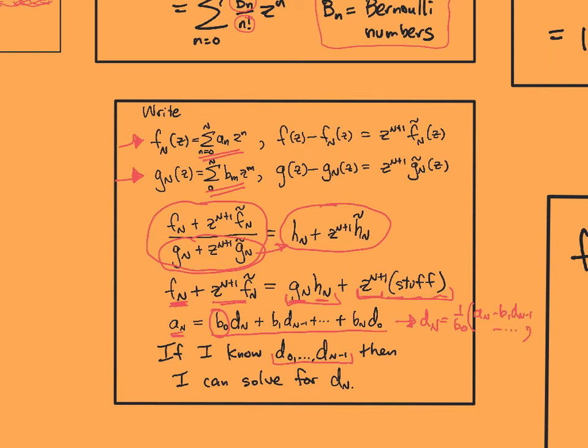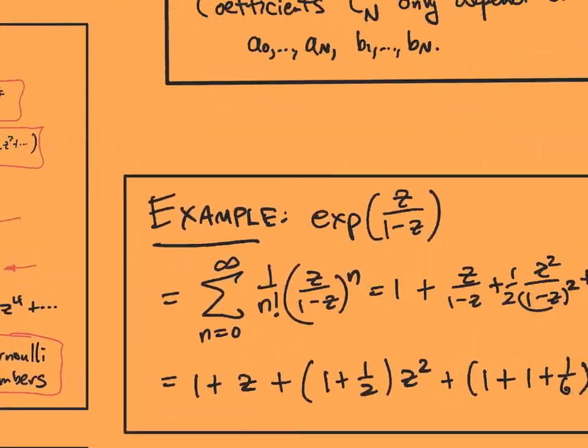And so this is how it's a triangular system. So if I solve it iteratively, I can always get the nth term knowing the previous terms and the previous coefficients. Next, let's take a look at composition.